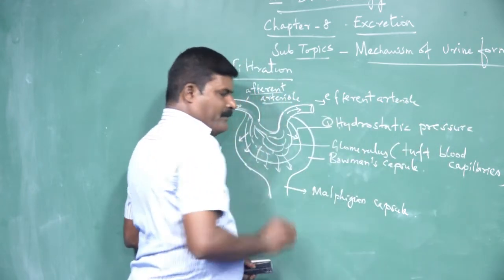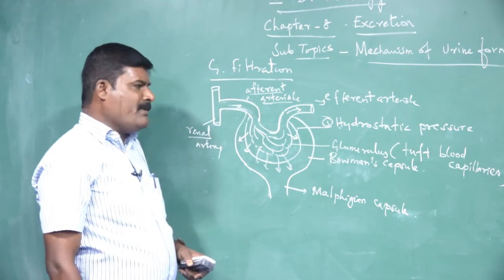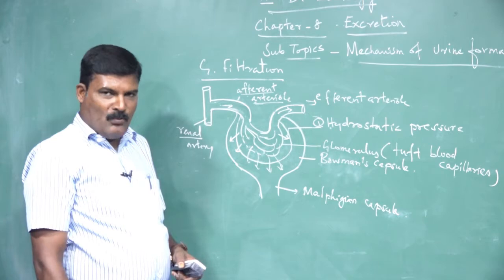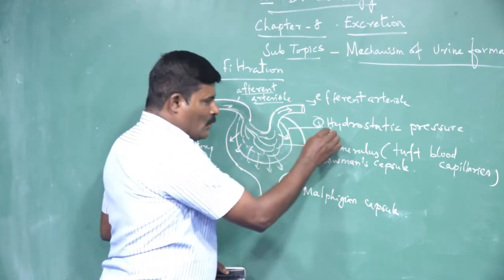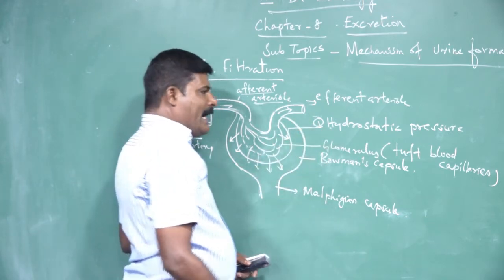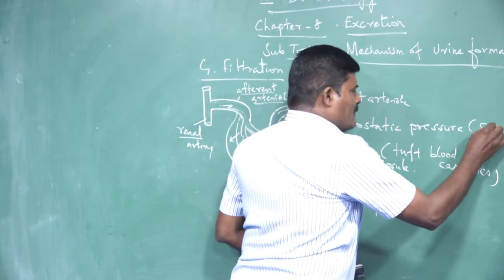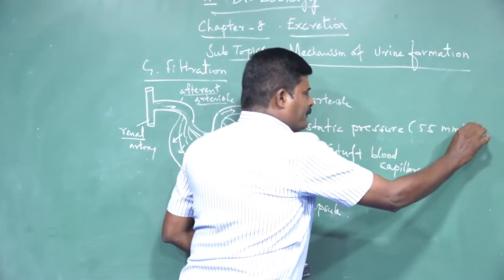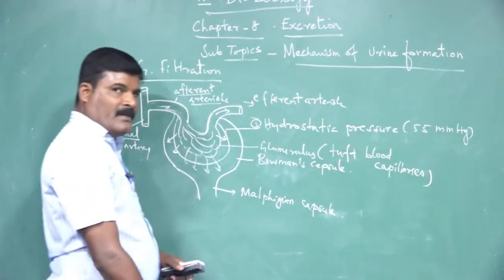The first pressure, the hydrostatic pressure, means fluid or liquid pressure in the glomerulus. This is the hydrostatic pressure. The hydrostatic pressure is about 55 millimeters of mercury, mmHg.